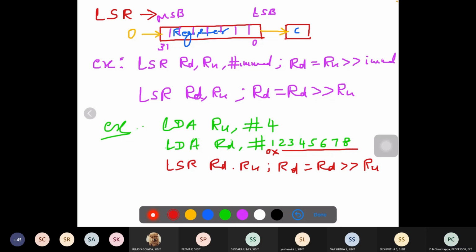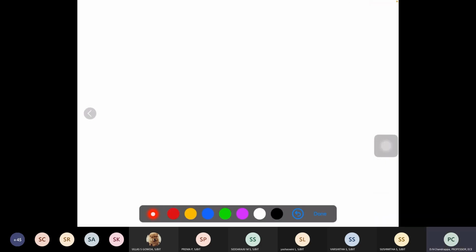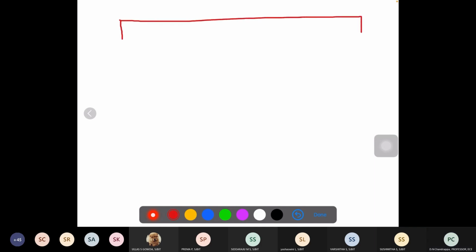So to execute this instruction, the content of RD, 1, 2, 3, 4, 5, converts into bits. RD is equal to RD shifted right by the specified bits. 4 bits are specified.